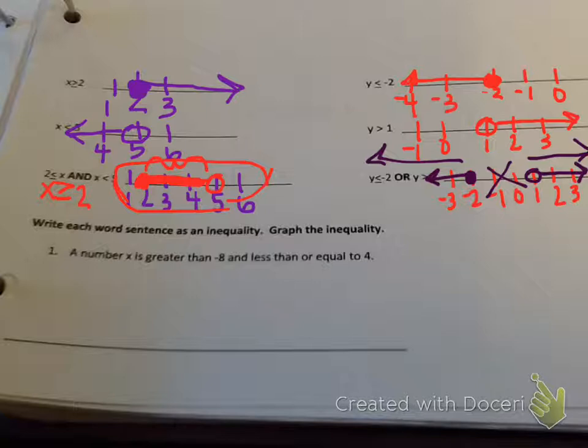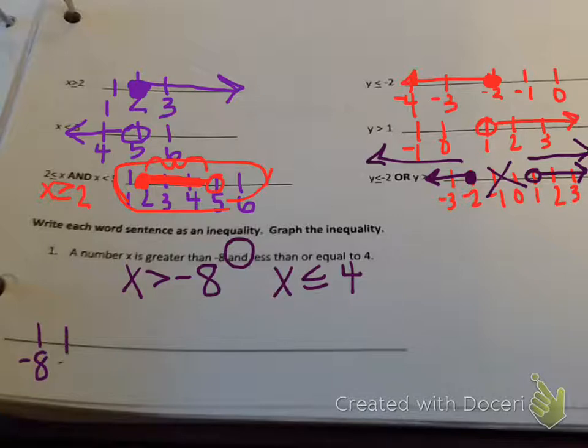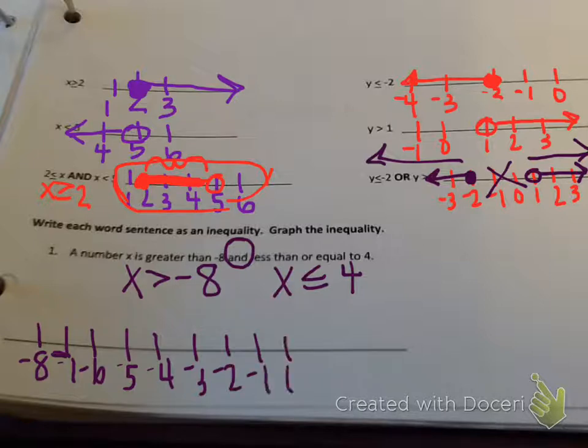So let's take a look at the word sentence. A number x is greater than -8, and less than or equal to 4. And we have an and here. So we need to go from -8 to 4.